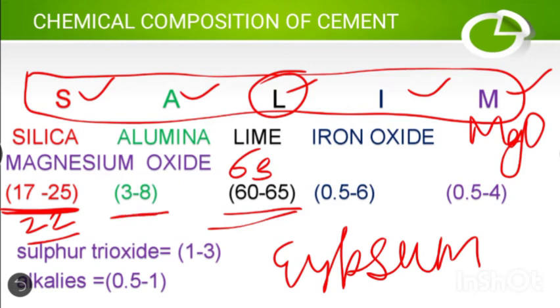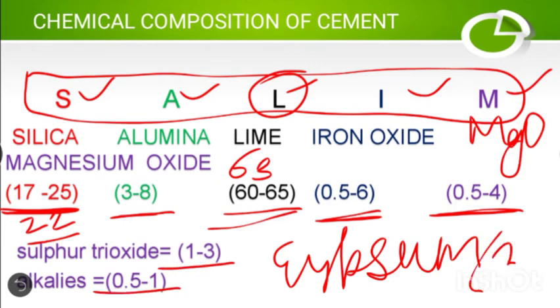Alumina is 3 to 8%, iron oxide 0.5 to 6%, magnesium oxide 0.1 to 4%, sulfur trioxide 1 to 3%, alkali 0.5 to 1%, and gypsum is 3%. These are the different proportions in which the components are mixed to manufacture cement.